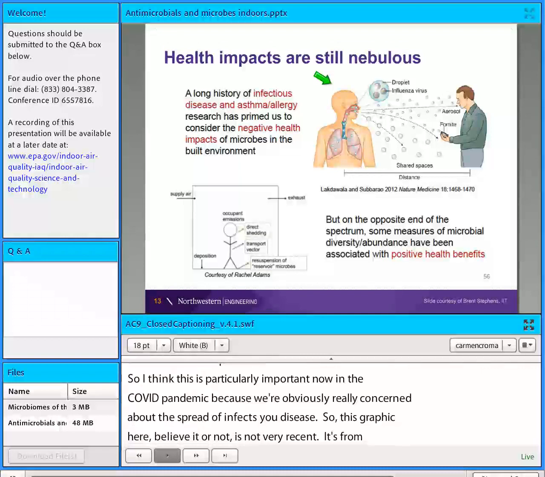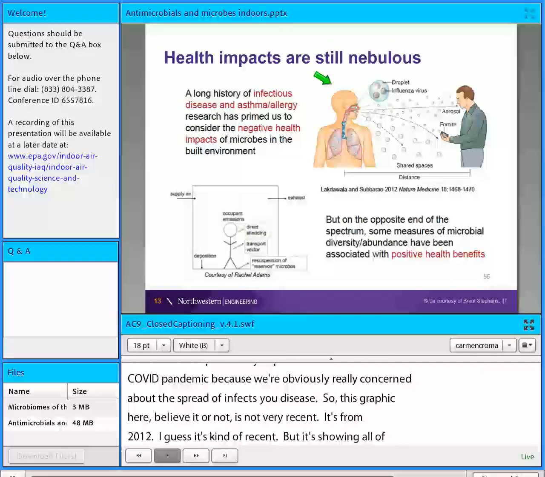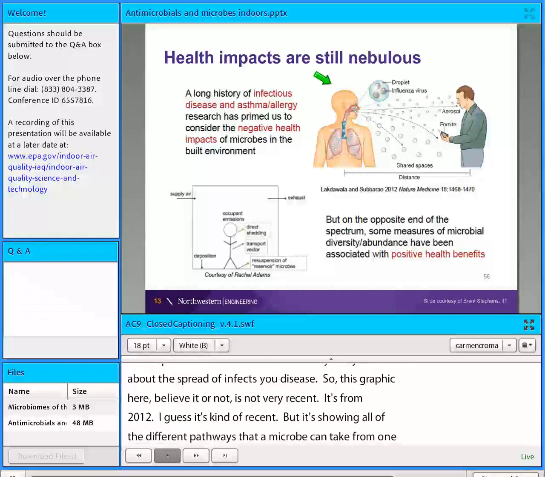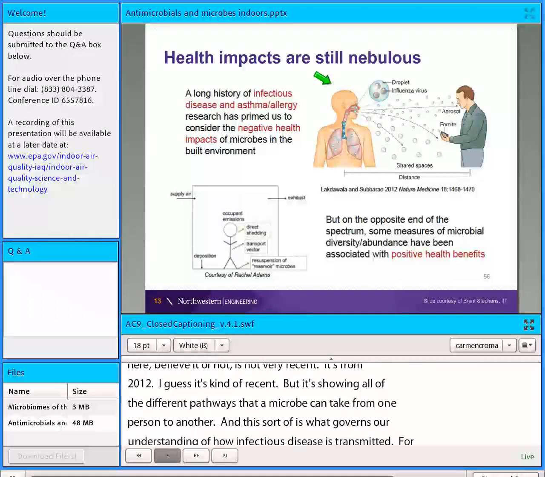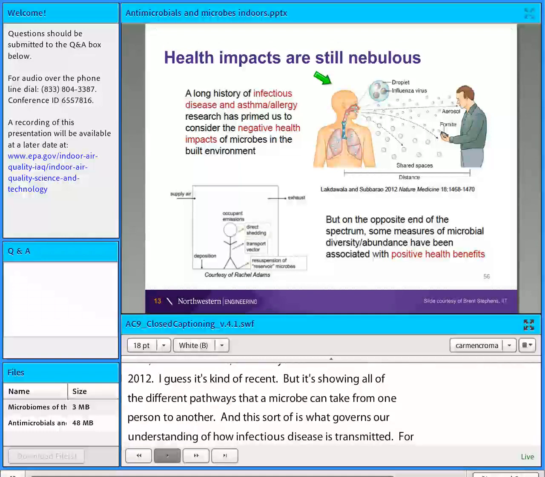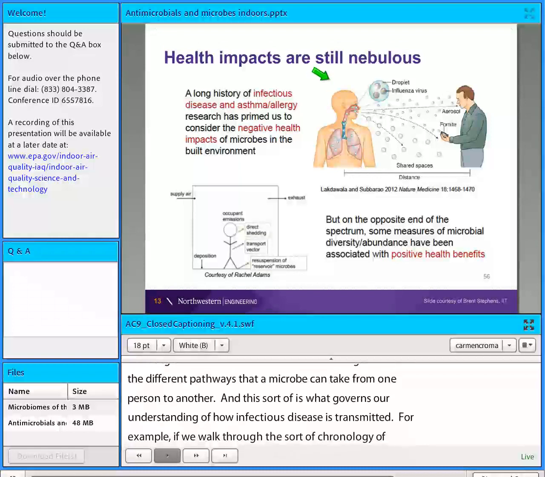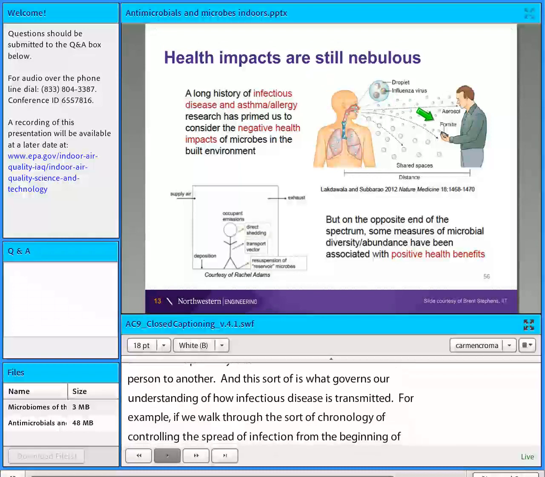But it's showing all of the different pathways that a microbe can take from one person to another. And this is what governs our understanding of how infectious disease is transmitted. So, for example, if we walk through the chronology of controlling the spread of infection from the beginning of the pandemic, we were very concerned about fomites.